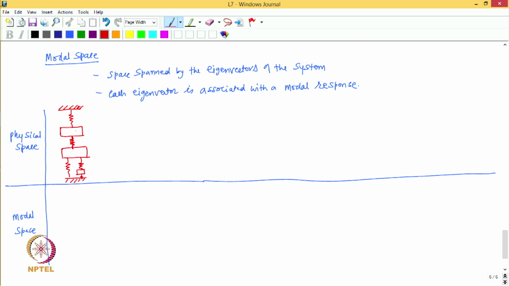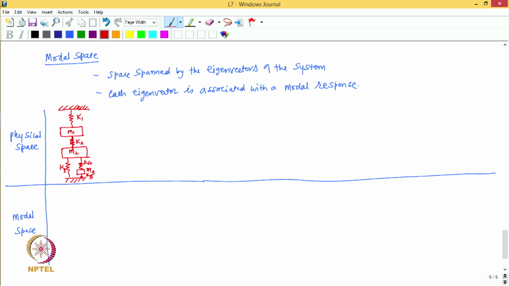So, you can see we have M1, M2 and M3, 3 masses, and then we have these stiffnesses K1, K2, K3, K4 and K5. So, this is the physical system.